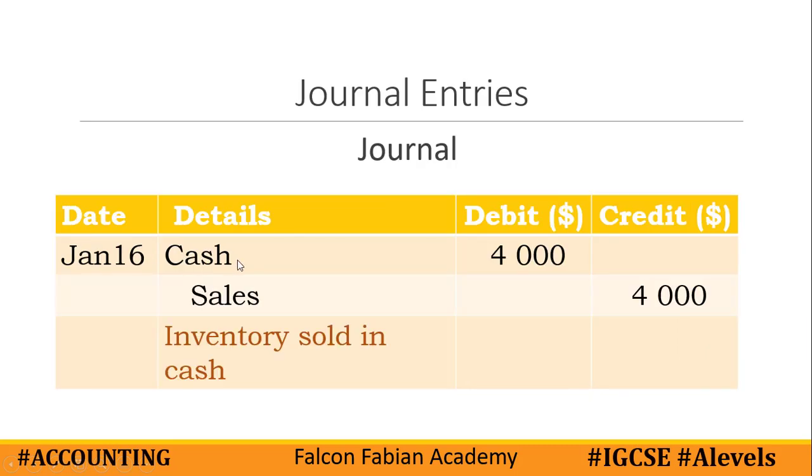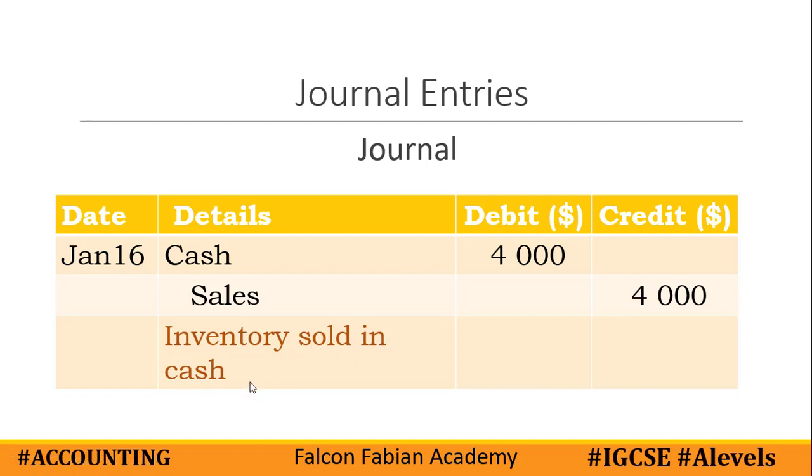So we will write the account to be debited first, then the account to be credited, and the narrative. So cash account needs to be debited, that we will write here, and in the debit column 4,000. In the next line you would leave some space and then write the name of the account that needs to be credited, which is sales account, and in the credit column 4,000. And the narrative is inventory sold in cash.